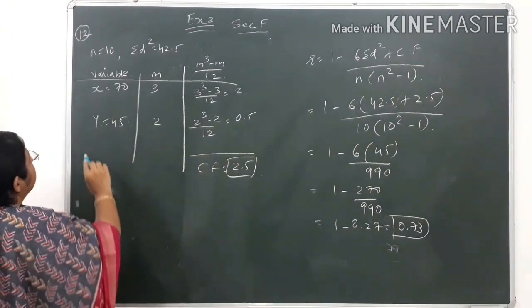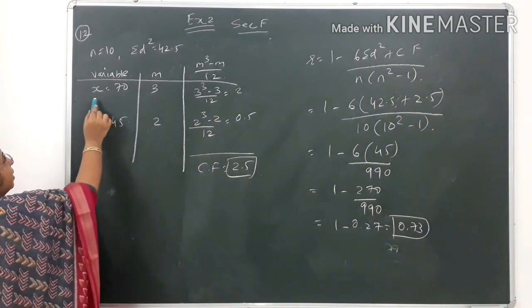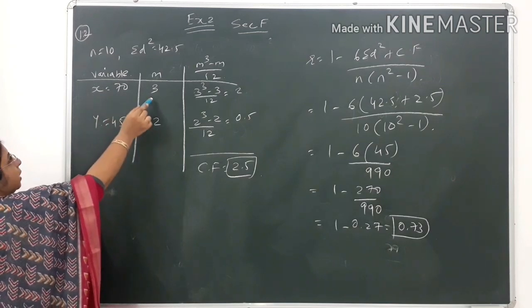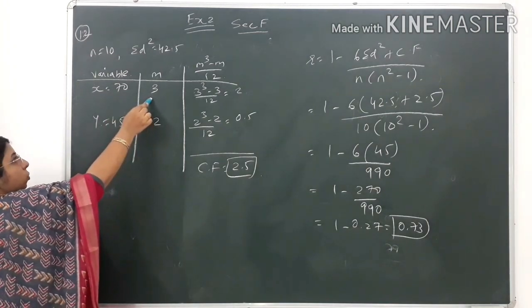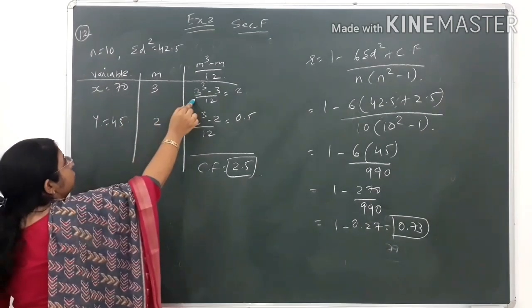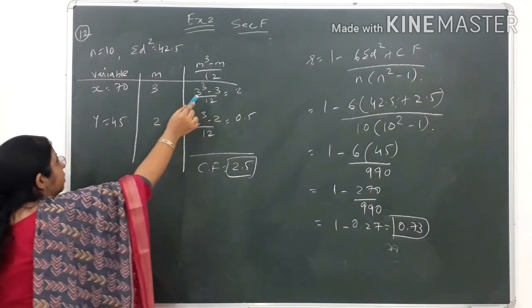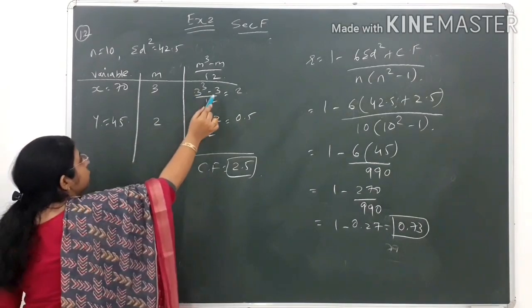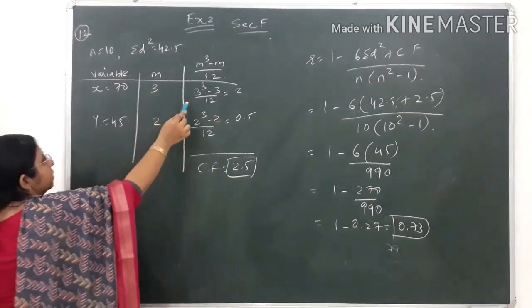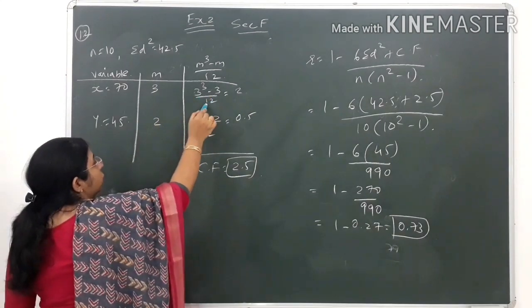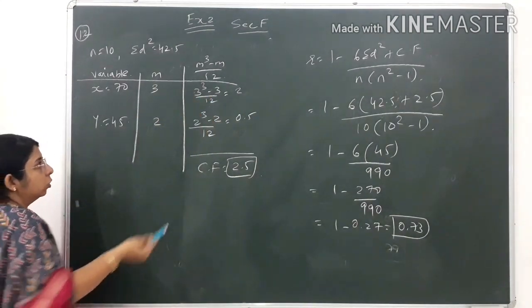So you can see on the board, the first one, that is X, that is 70, is repeated 3 times, so m is equal to 3, and putting it in the equation, 3 cube means 27, so 27 minus 3 upon 12, 27 minus 3 would come to 24, 24 divided by 12, it would come to 2.